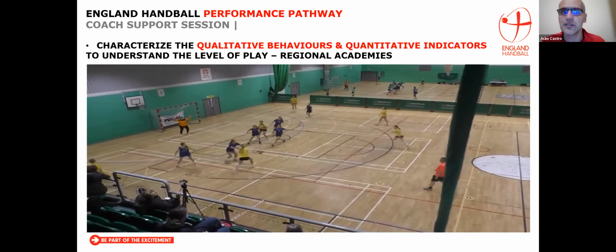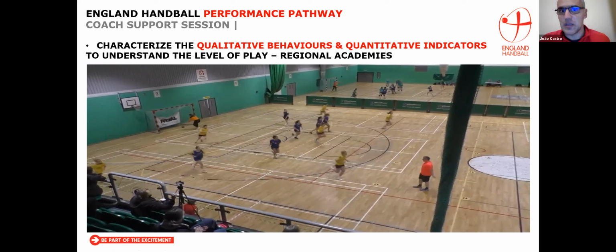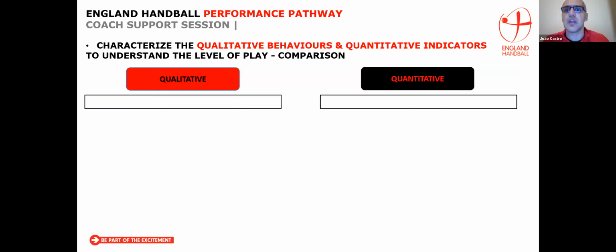So we saw a couple of footage from all the academies, boys and girls. So now what does this mean? In comparison, what were the quantitative and qualitative behaviors and indicators that you see different? What you see in our level that is different than the Croatia and the Portugal's defense.